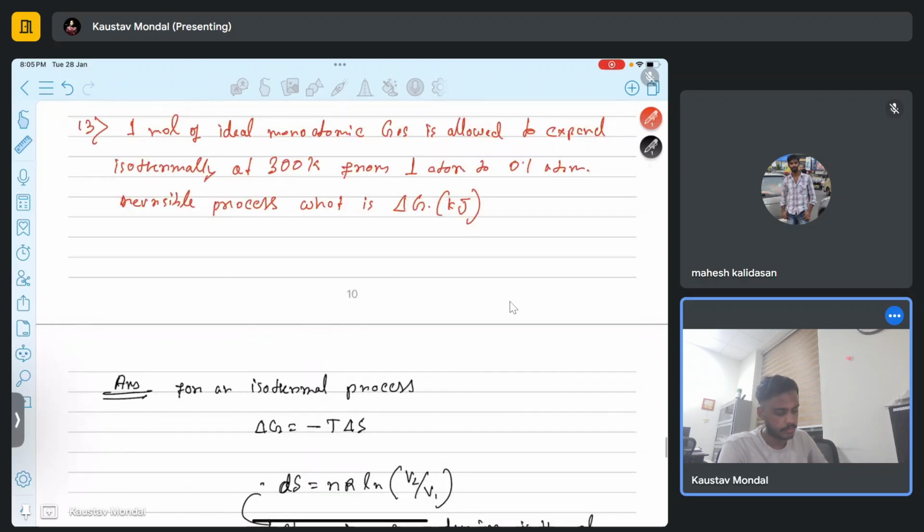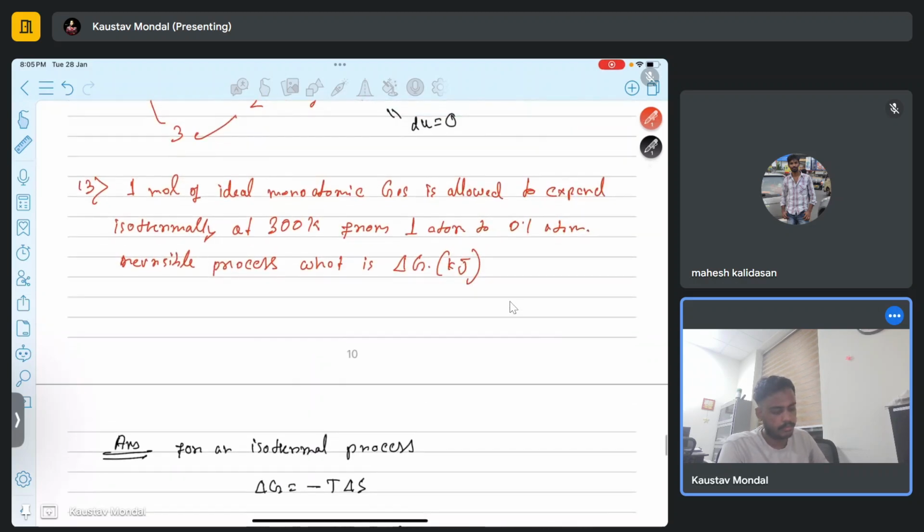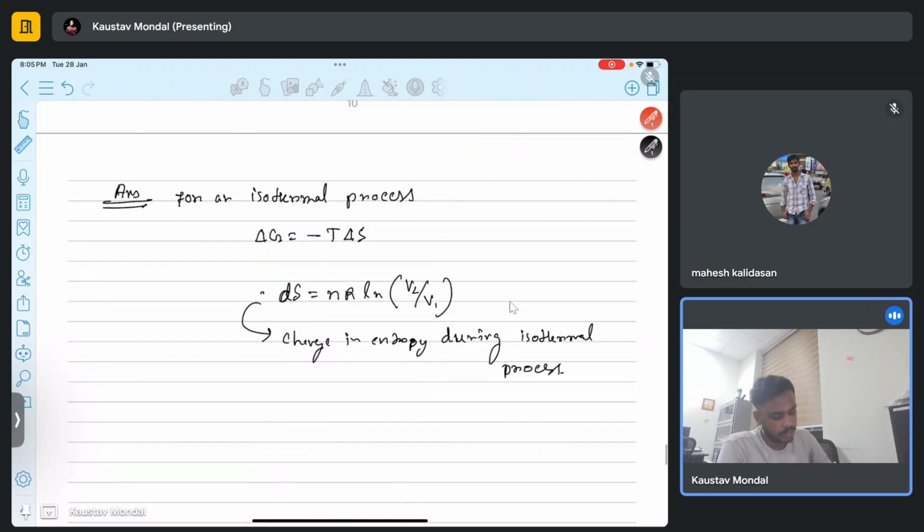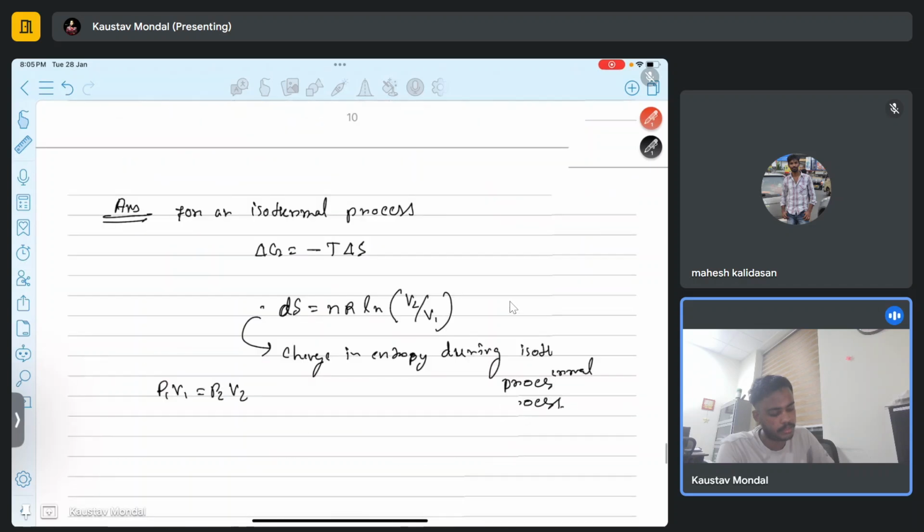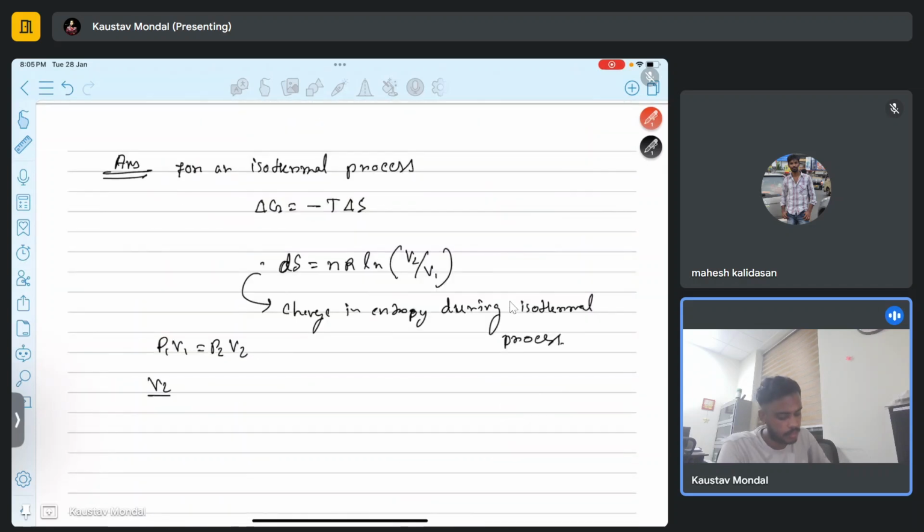Now V2 by V1 we can easily calculate, since P1 V1 is P2 V2, because the problem is given in terms of pressure. So V2 by V1 is simply P1 by P2.